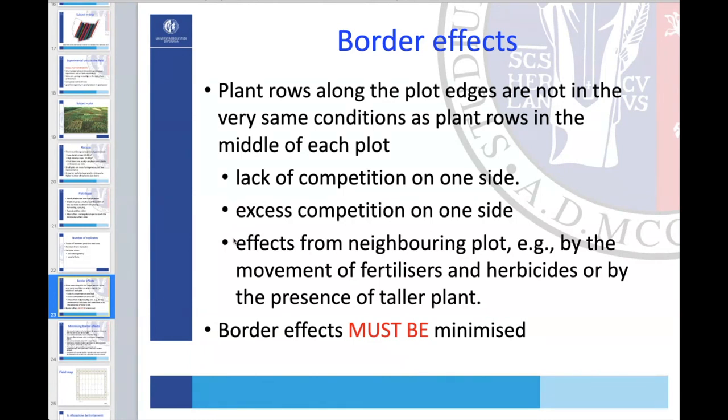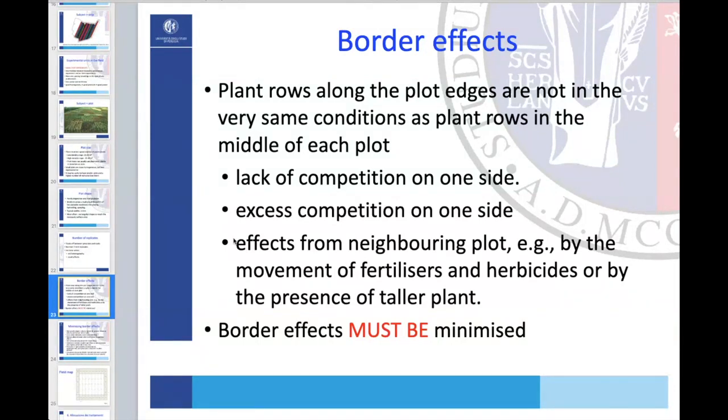For example, the plants along the edges may lack competition because they do not have crops on one side. Or they can have excess competition because they might have a taller plant on the neighboring plot, so they suffer from excess competition.